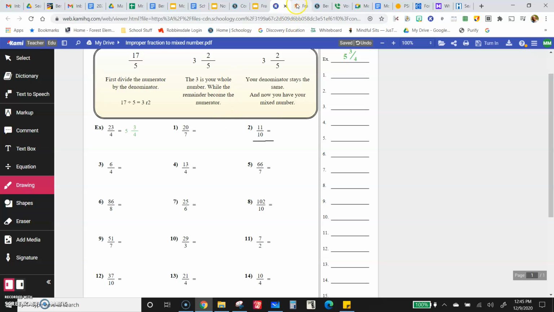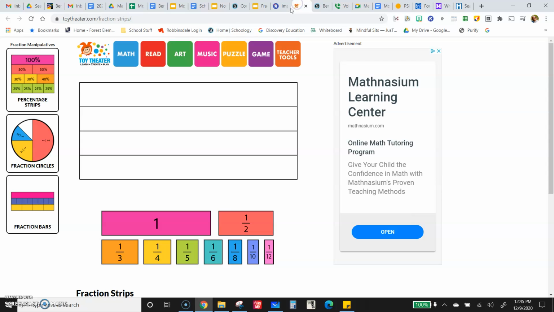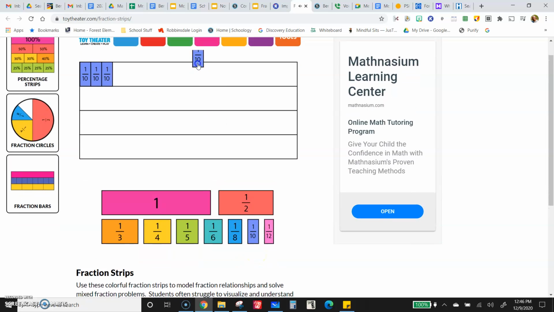So if I go to the fraction strips, it was 11/10. So I'm going to go ahead and just put 11/10 on here. So that's 1, 2, 3, 4, 5, 6, 7, 8, 9, 10, 11. Okay, so I have 11/10, right? Well, now I want to think about how could I group those into one whole.